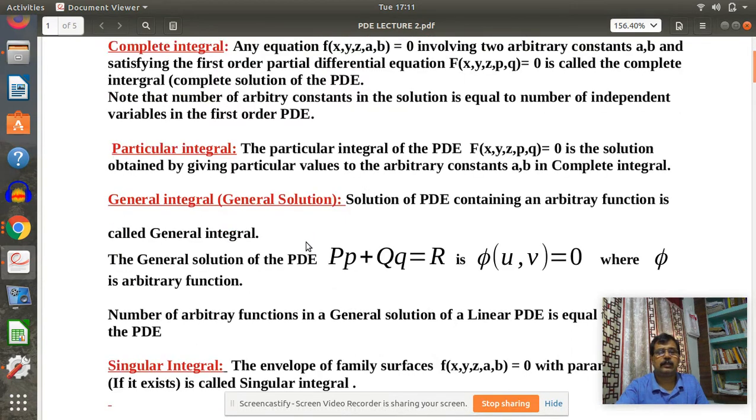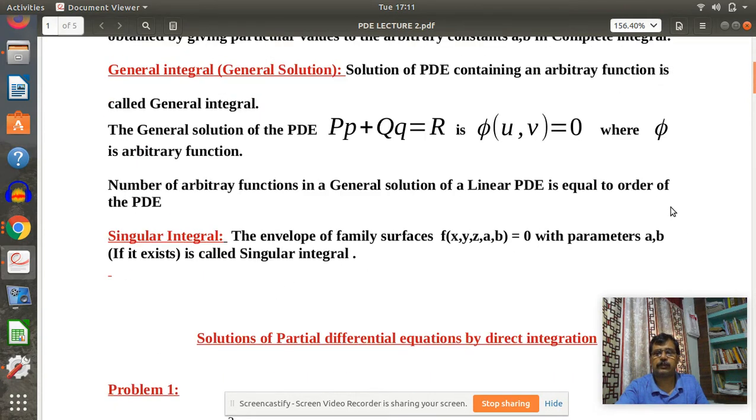Now the next term, the general integral or the general solution. The definition is this: a solution of a partial differential equation containing an arbitrary function is called a general integral. This is the case of a first order equation. In a general case, the number of arbitrary functions in the general solution of a linear partial differential equation is the order of the partial differential equation.